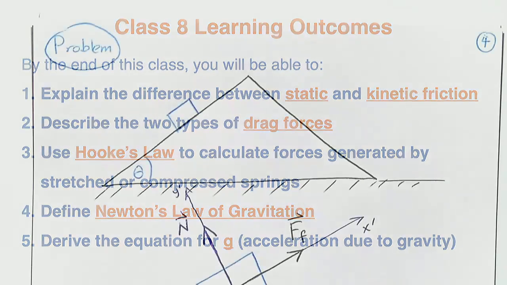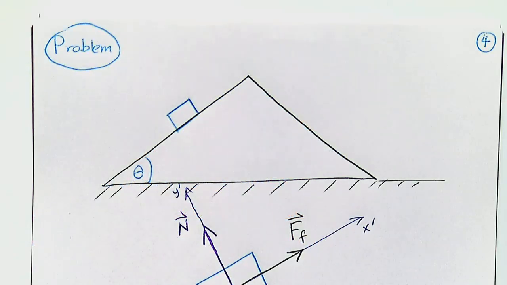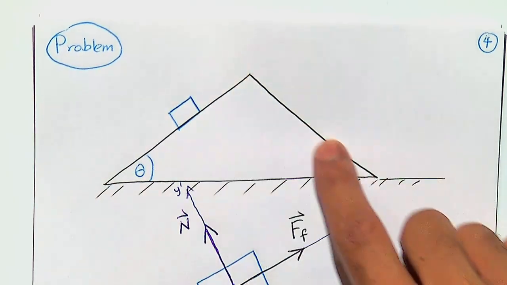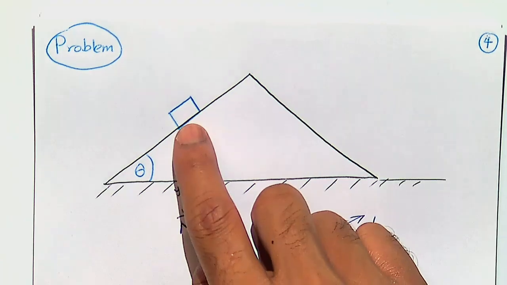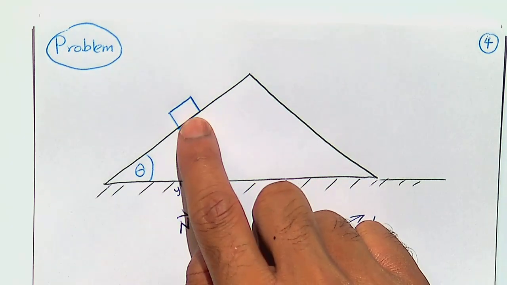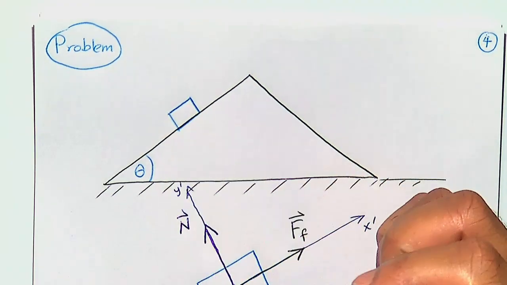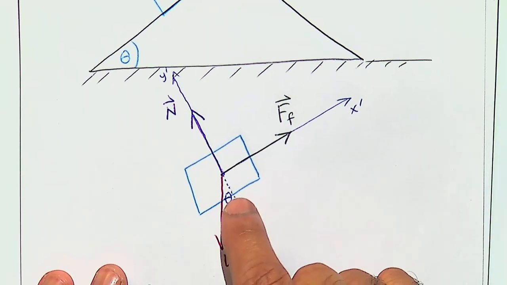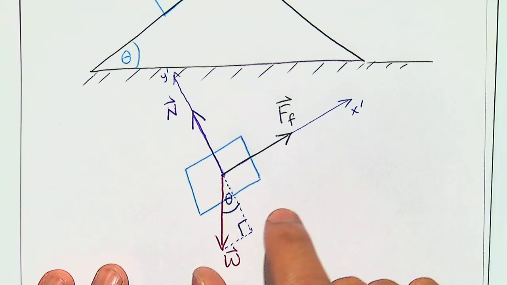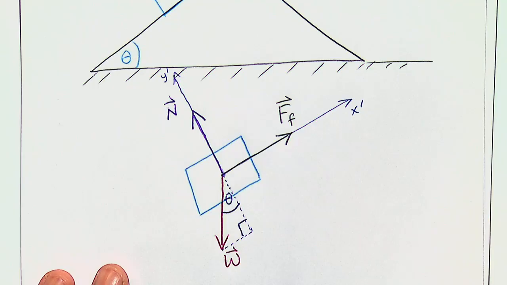We left off talking about this problem. Imagine you had an incline like this, something that looks like a hill. If there was an object, a little box, on this hill, and you wanted to think about the friction, we took that little box and put all the forces acting on the box.